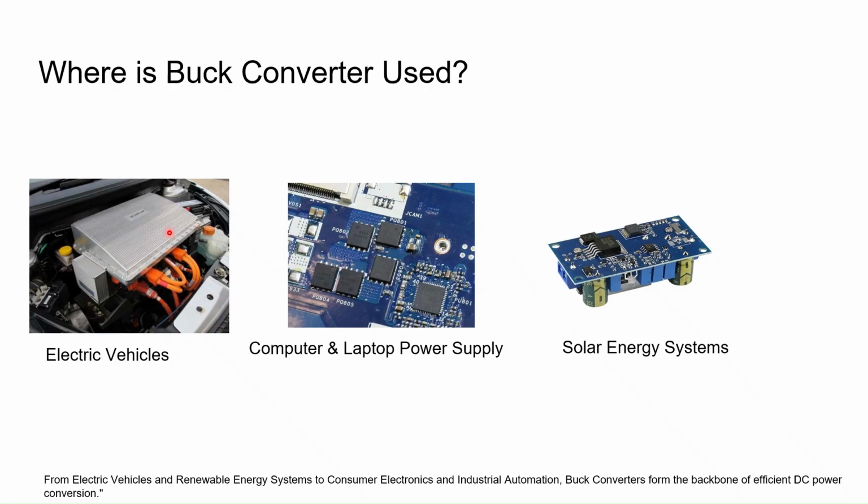For example, an EV has a 48 volt, 400 volt or even 800 volt battery based on the type of vehicle. But many control circuits and lighting systems, these auxiliary systems, require 12 volt, 5 volt, 3.3 volt, etc. So at that time we need to use a DC to DC buck converter which converts this 48 volt to a lower voltage as per our requirement.